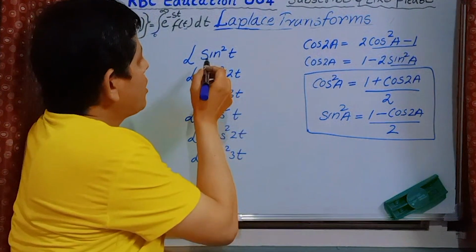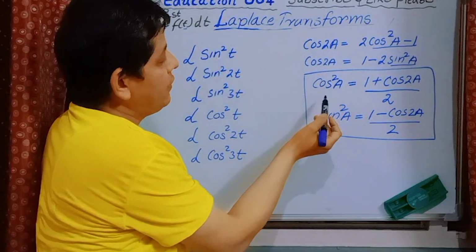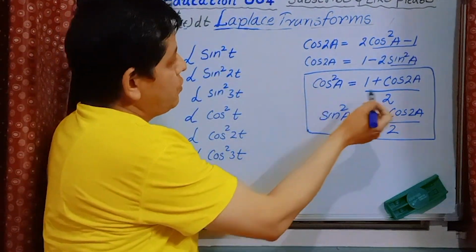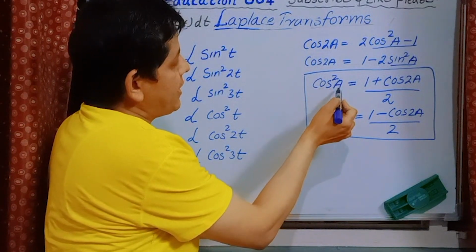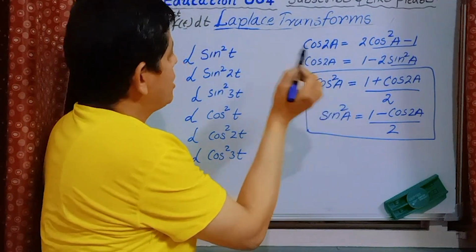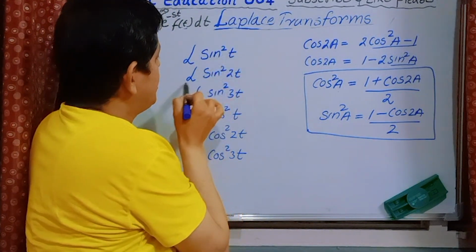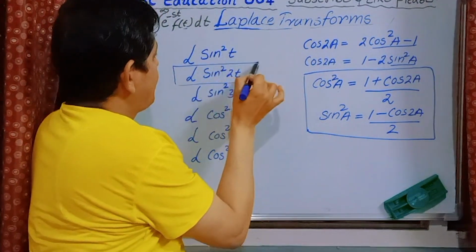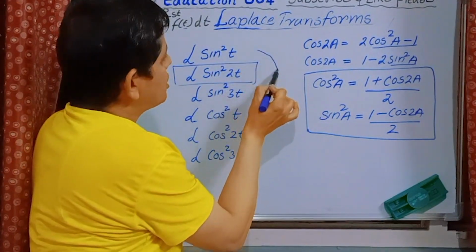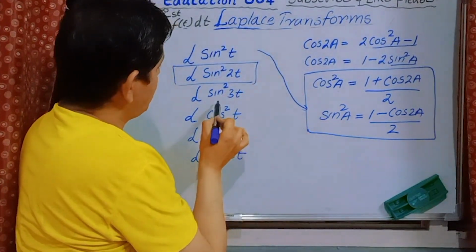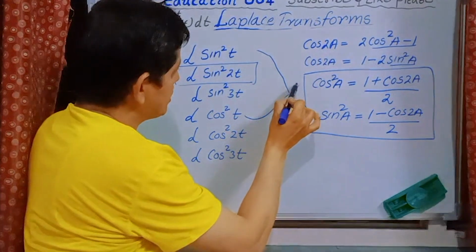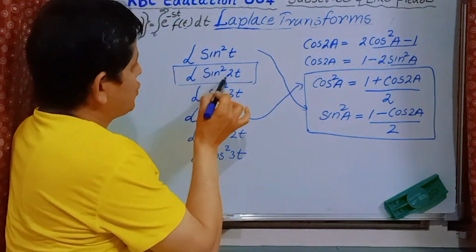How? Suppose you are talking about cos square a, and here it is 2t. For this, the same formula works. But what about 2t?